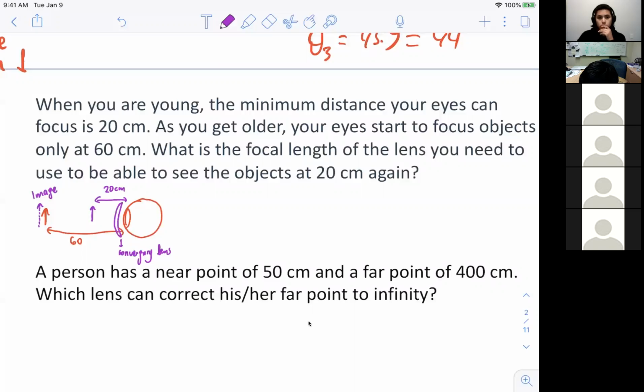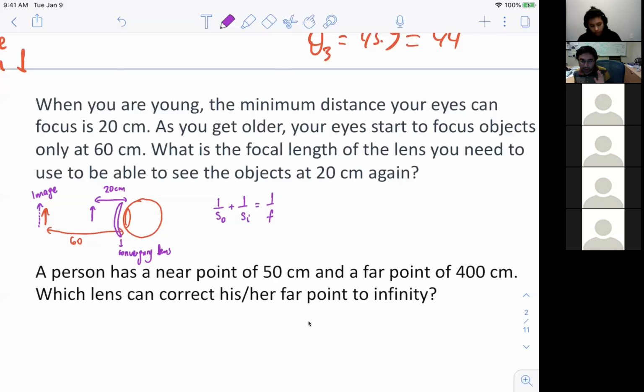So we will use the lens equation, 1 over S1, meaning S object, plus 1 over S image equals 1 over F. The one thing you must be careful about here is that the image is going to be virtual, because it is on the same side of the lens.